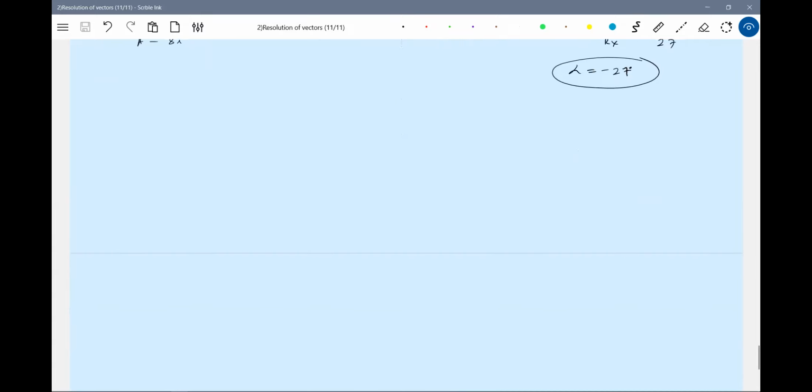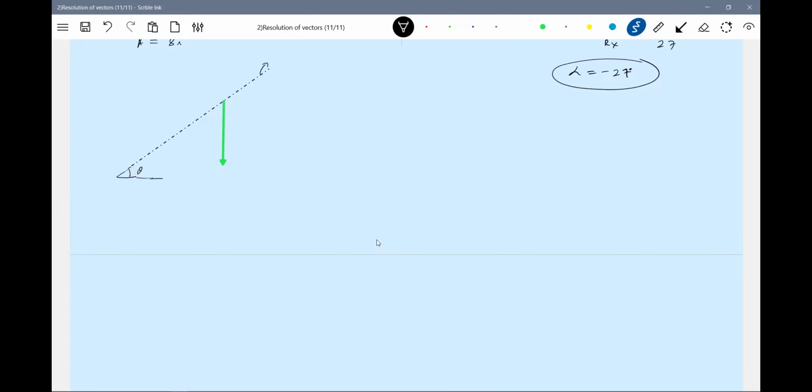Let me give some other general examples. If there is a vector, can you resolve this vector along this incline? This is called the incline.